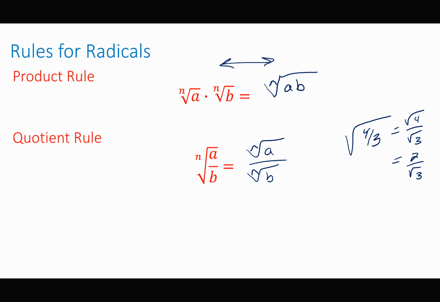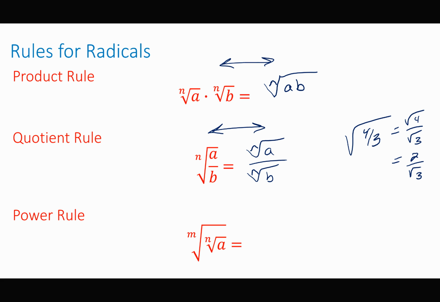So if it's a square root, you can do it. But if it was, say, square root of 5 over square root of 3, we'd leave it as square root of 5 over square root of 3. So again, these go both directions. If you have a fraction with the same index of a radical on top and bottom, you can rewrite it as one radical.